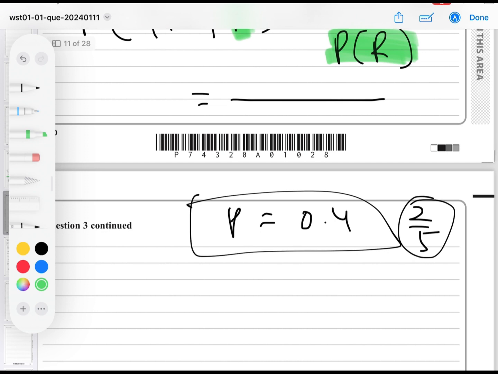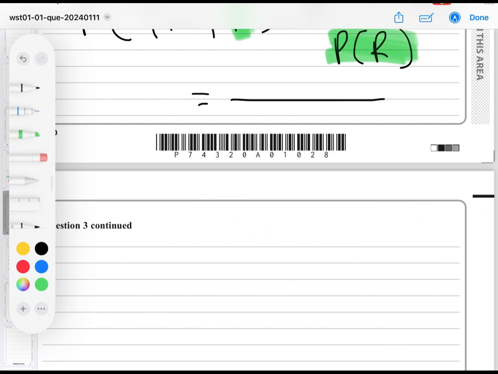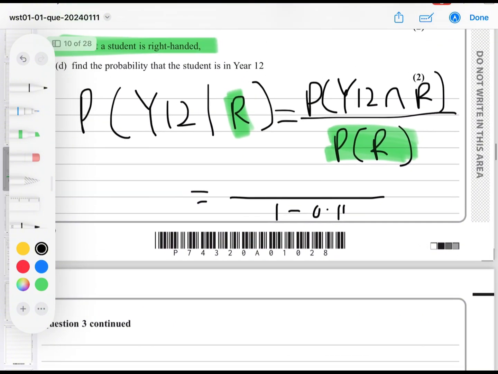So all the students with the right hand, I will place them in the denominator. For the left-hand students, the probability is 0.11. So I will subtract this 0.11 from 1, because the total probability is 1. So the remaining will be the probability for the students with the right hand.